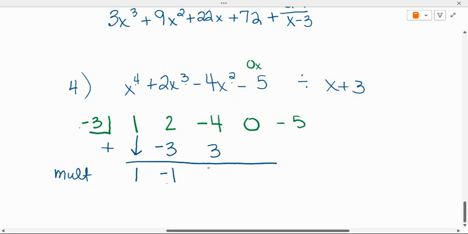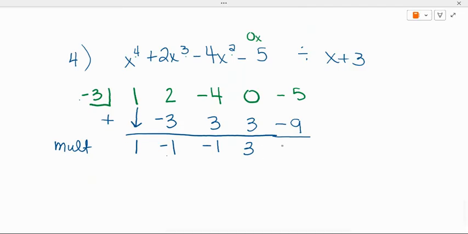Negative 4 plus 3 is negative 1. Negative 3 times negative 1 is 3. 0 plus 3 is 3. Negative 3 times 3 is negative 9. And negative 5 plus negative 9 is negative 14.